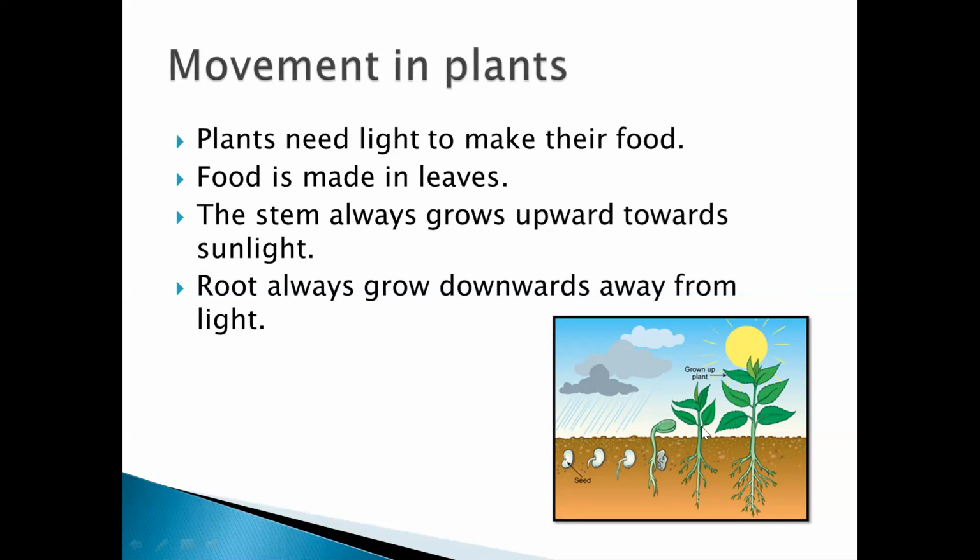Why does the stem always grow upward? Because it has leaves and flowers on it. Leaves have to capture sunlight to make their own food. That's why the stem always grows upward, while the roots always grow downward towards the soil because they have to absorb water and minerals from the soil.